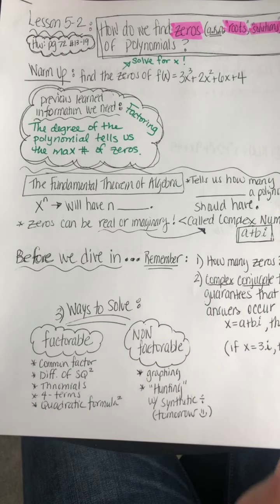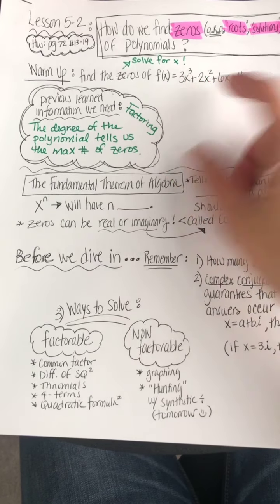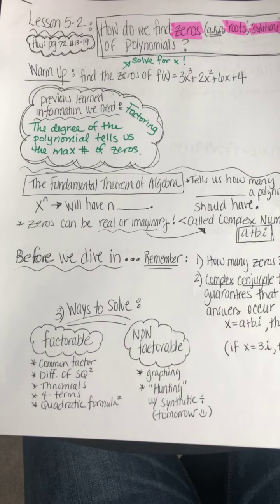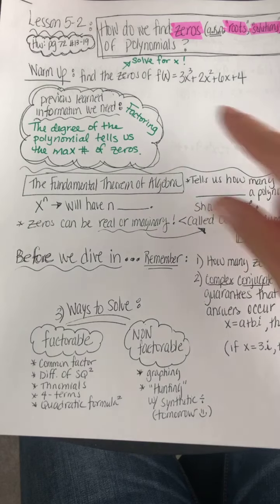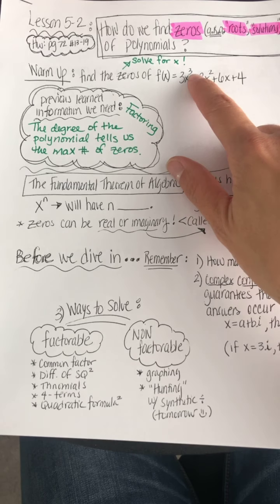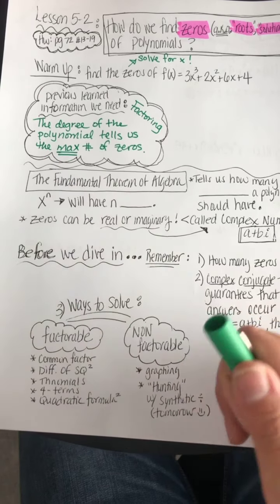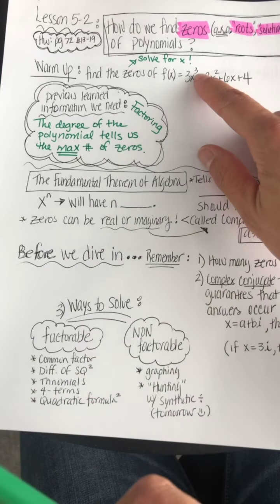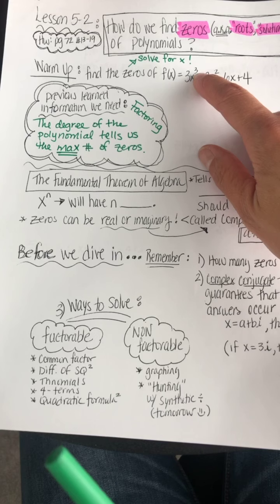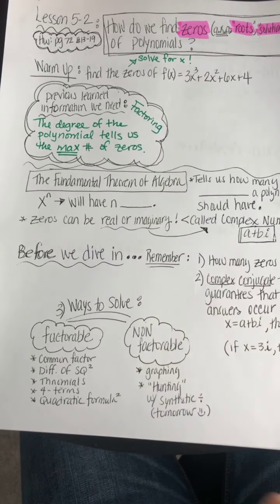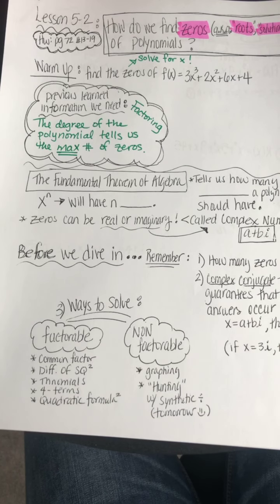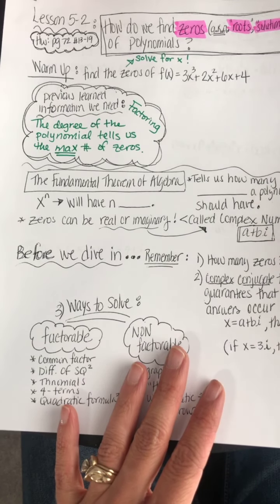And we've already learned that because we know that if we have a cubic, the maximum number of times that it could cross the x-axis is 3. That doesn't mean it's automatically going to have 3 zeros. It just means that the maximum number of zeros for this function could be a 3. It won't be higher than 3. It'll be 3 or lower, okay? So that gives us an idea of how to narrow things down. It's important to know that.